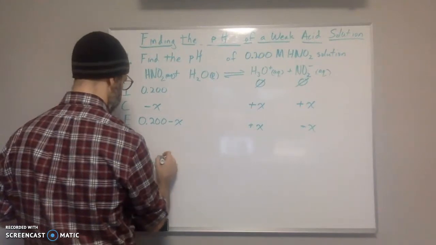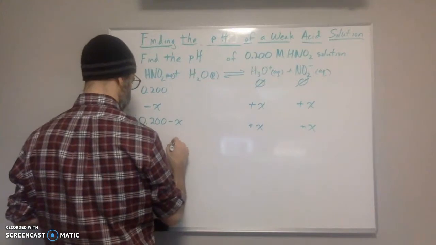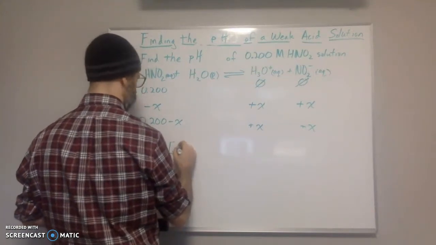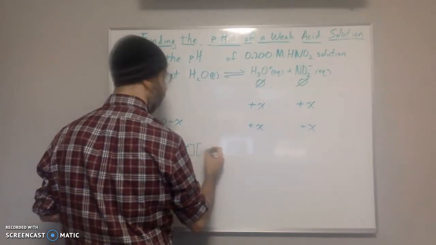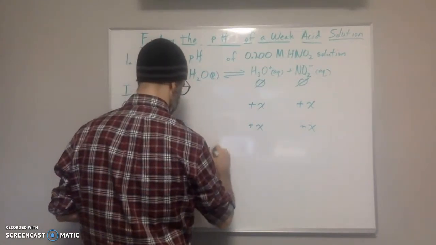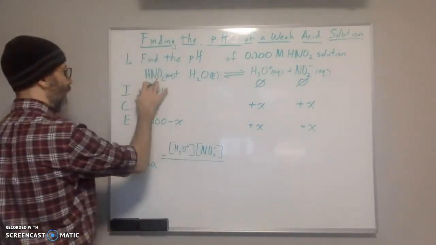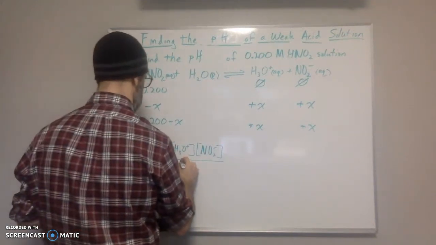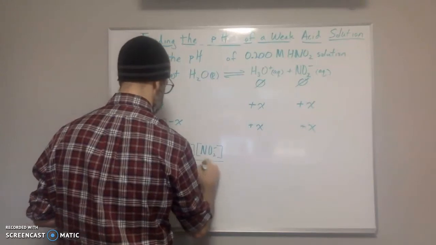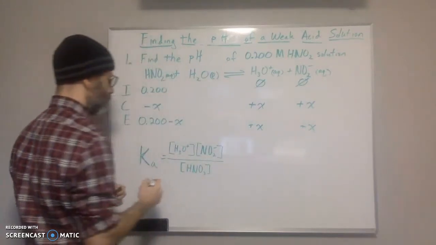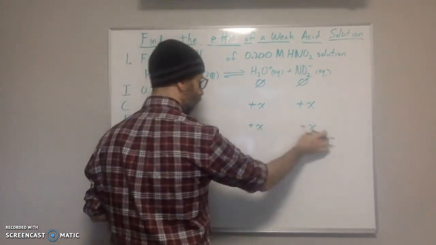So Ka is going to be equal to products over reactants: the concentration of H3O plus multiplied by the concentration of NO2 minus, all over the concentration of the acid we have here, the concentration of HNO2. And all we need to do now is plug our expressions in.